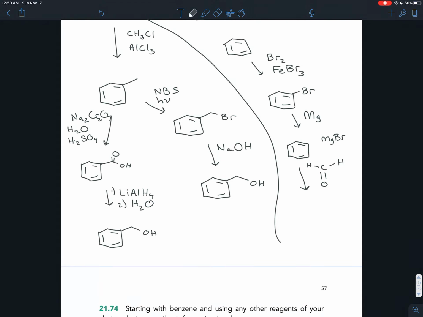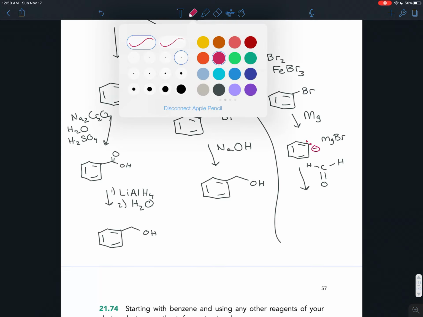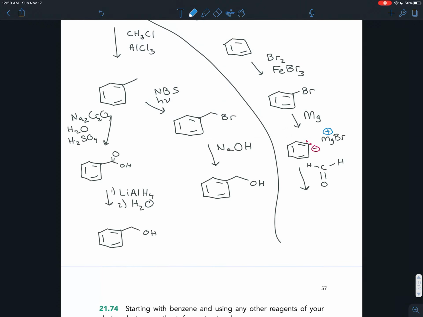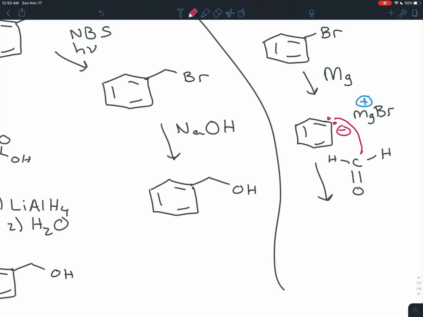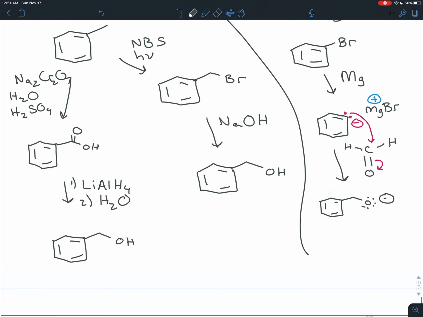And this carbon here is really a nucleophile. The magnesium is there to stabilize it, but that carbon could attack the slightly positive carbon here, kick that open. So you'd have this, and then just use some water to do a proton transfer to stabilize that.